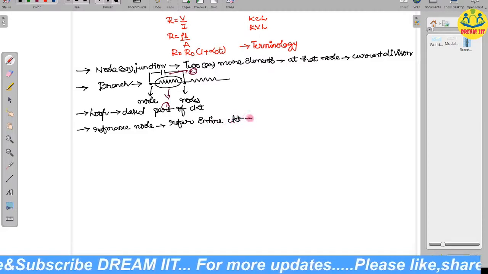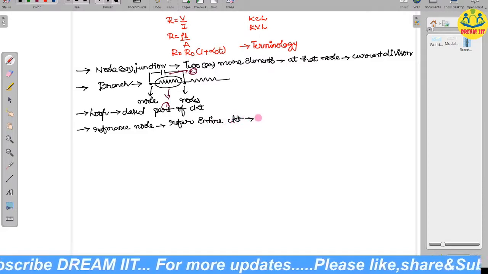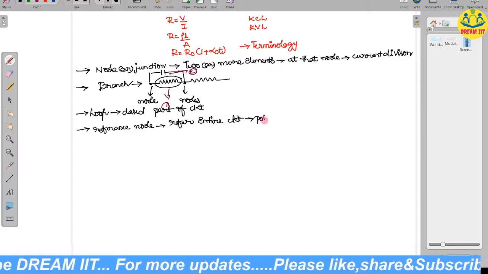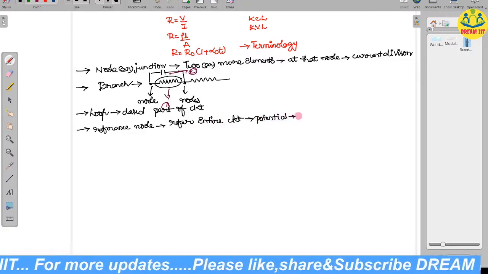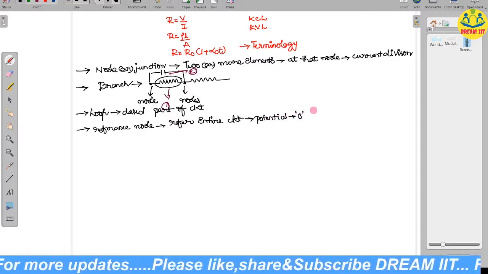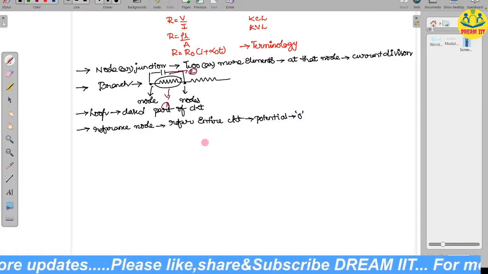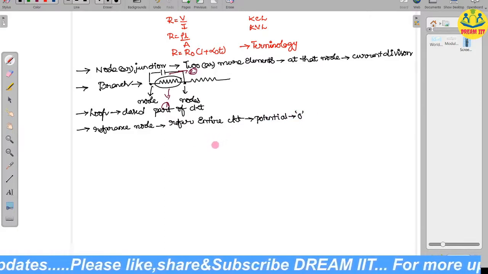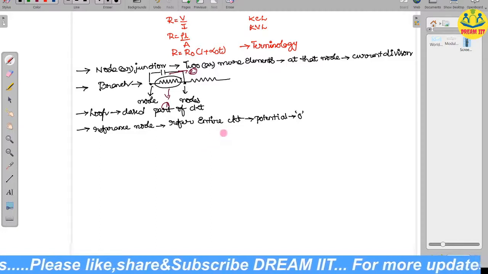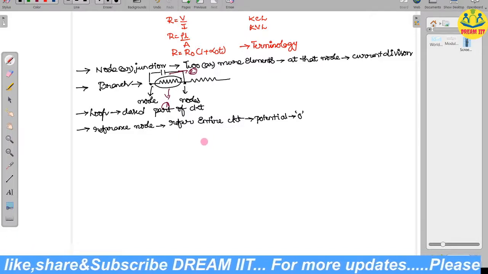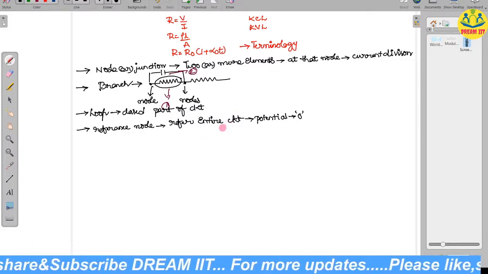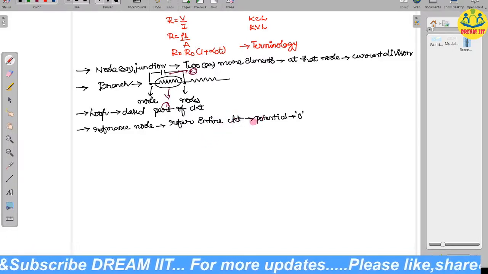The potential at that reference node, that is the voltage, we consider as 0, and that is known as the reference node. This is an important terminology that we are going to use for the analysis of KCL and KVL, and we will see what series and parallel reduction is today.